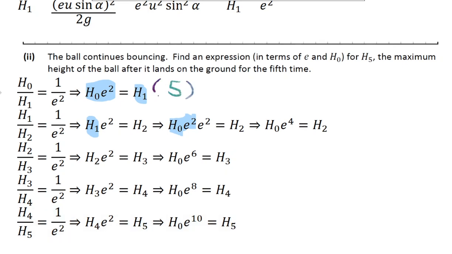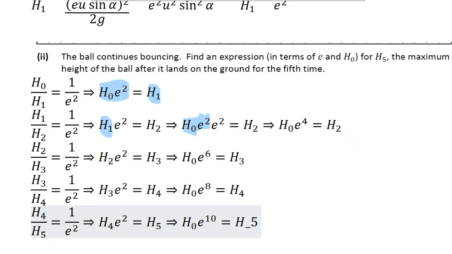Rearranging there, just starting with that to get H1. And then that kind of helps you find the pattern. So there's some kind of marks for finding the pattern, and actually thinking about it like a maths exam. If this is worth 10, some correct steps would be worth, say, 3.